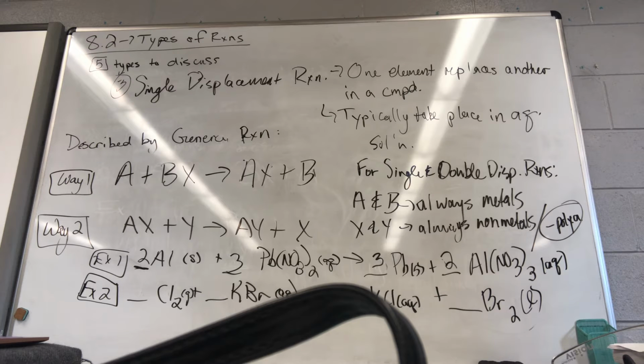That one was easy. That one's quick. Intentional. Br2. Oh, I didn't see that. Br is one of the diatomics.